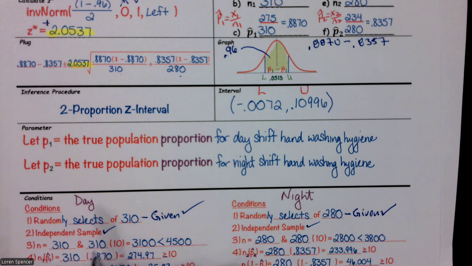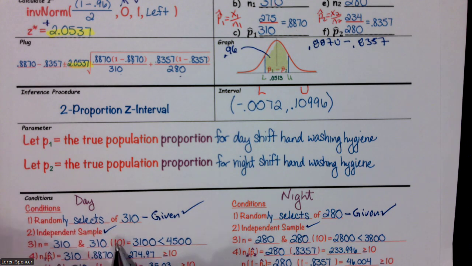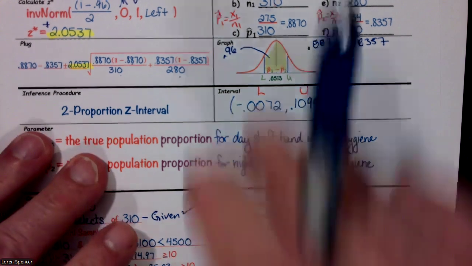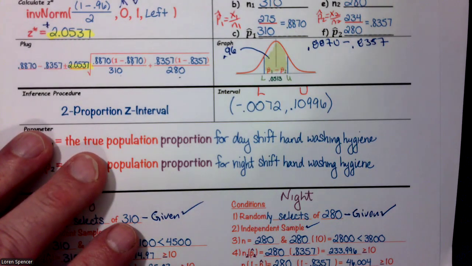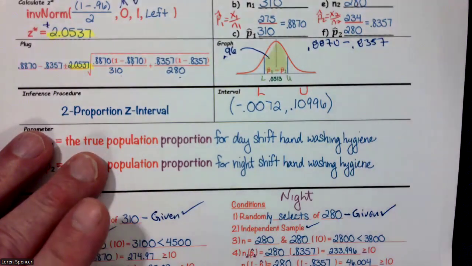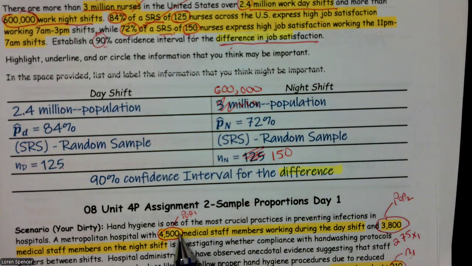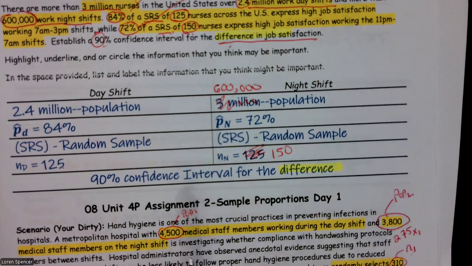Next, we need to make sure our sample size isn't too big. So we're going to go 310 times 10, which is 3,100. But our population, when we look back at our initial scenario, which I'll bring down here, said we had a population of 4,500.